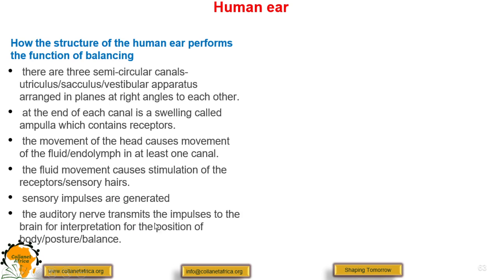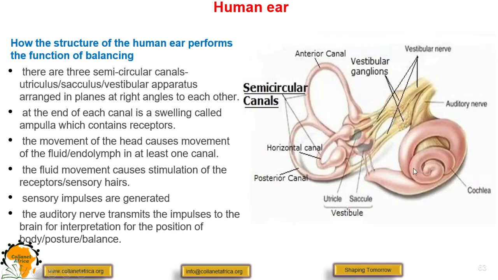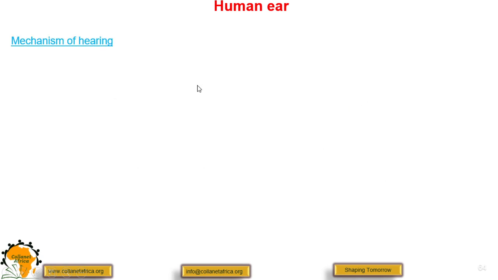Then the auditory nerve will transmit the impulse to the brain for the purpose of interpretation, for the positioning of the body, and posture is achieved. So the semicircular canals are here being arranged at right angles, and this is the auditory nerve that transports the information or impulse to the brain for interpretation.